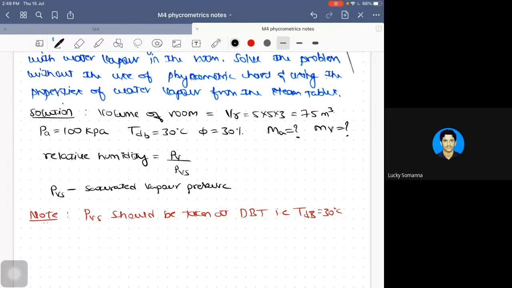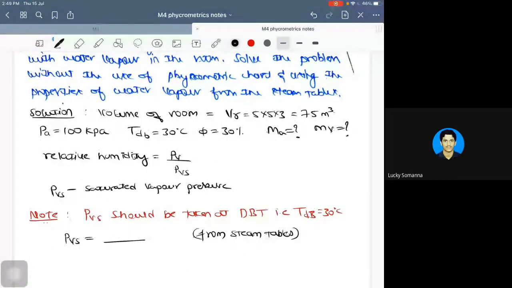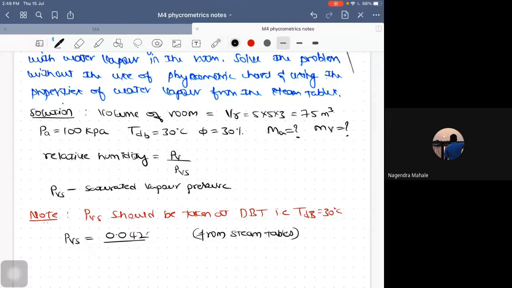So what is the value of PVS then, from the steam tables? Corresponding to the temperature of 30 degrees Celsius, what is the pressure value? 0.042415, and this is in bar.